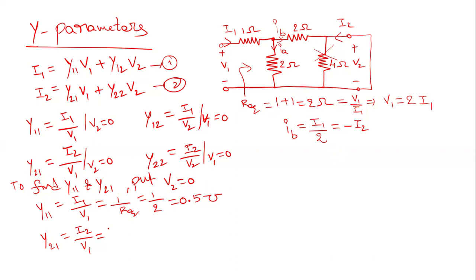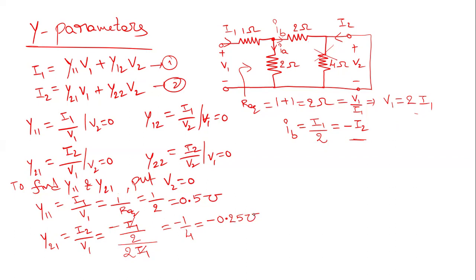If we express I2 in terms of I1, I2 is minus I1 by 2. I2 by V1 is minus I1 by 2 divided by 2I1, so I1 and I1 get cancelled. This becomes minus 1 by 4, so Y21 is minus 0.25 mho.